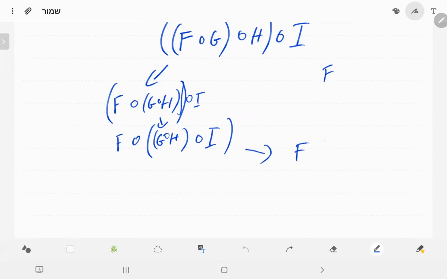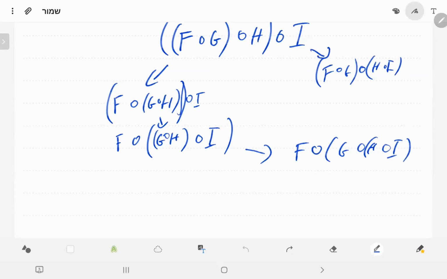F, G, H, I. Okay, but now we have another way to get there. We can move here. FG composed HI. Like this. And we have a map in this direction because we move from left to right.